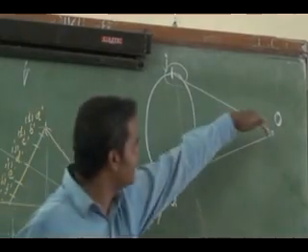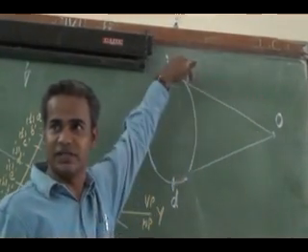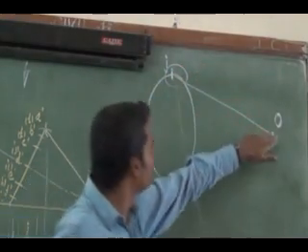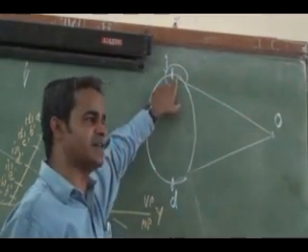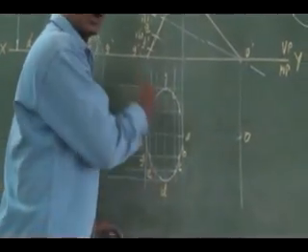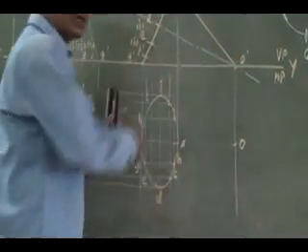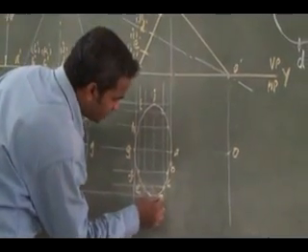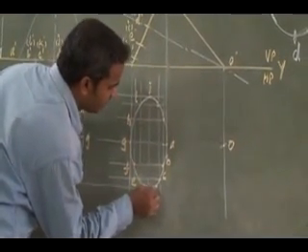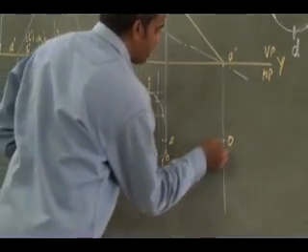The slant surface, the edge of the surface, will be tangentially meeting this ellipse. So you should not join it to the base corner. Whatever ellipse you have drawn, tangent to that, you connect it to the apex.